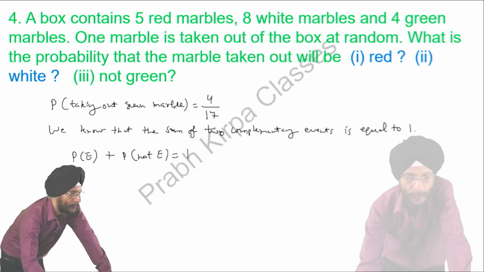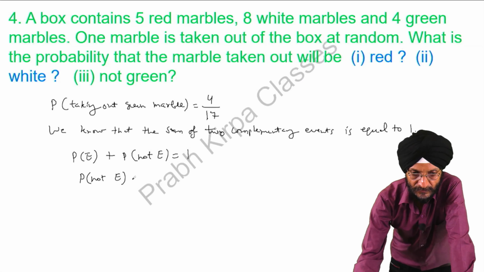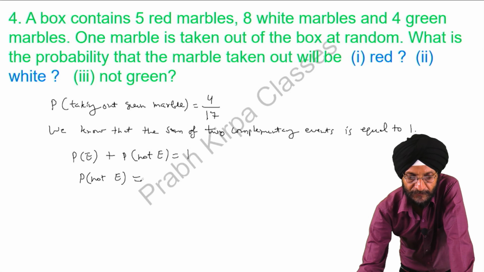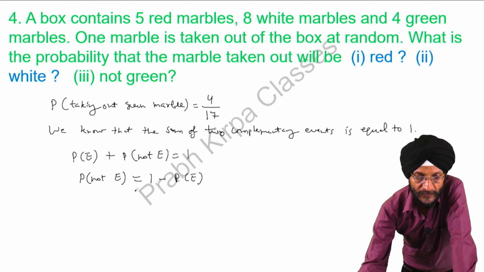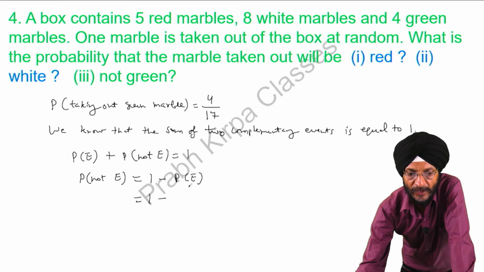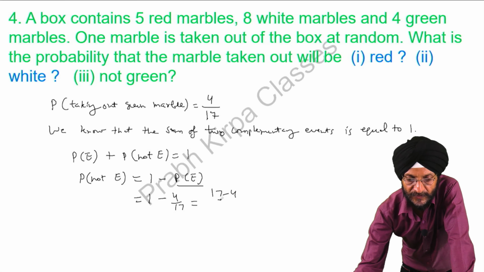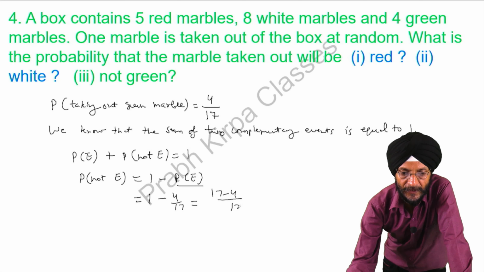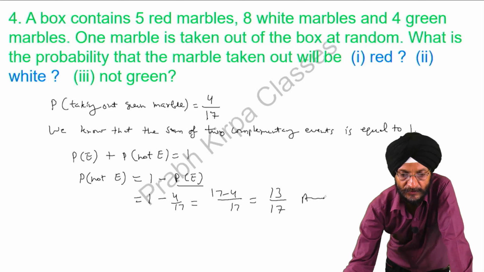Here we have to find out the probability of not occurrence of the event, or the probability of the marble not being green. So it will be 1 minus probability of the occurrence of the event. So what is the probability of occurrence of the event? It is 4/17. So when we will subtract 4/17 from 1, it will be 13/17. This is the answer.